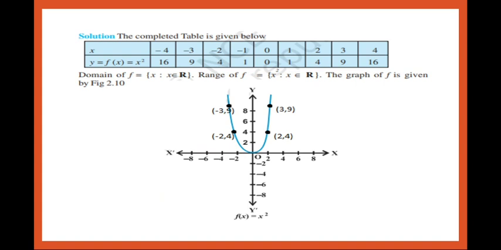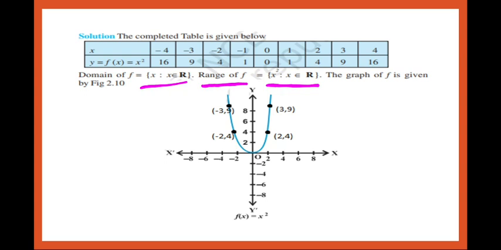In this way you have to fill up the table. Now the domain set will be the whole real number set, and the range will be the collection of all perfect square numbers. Or in set builder form you can write range of f is x square where x belongs to real numbers.